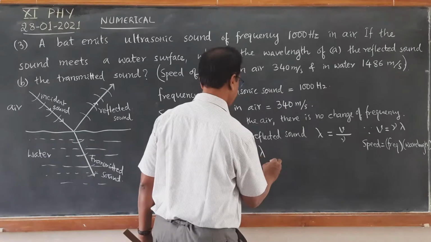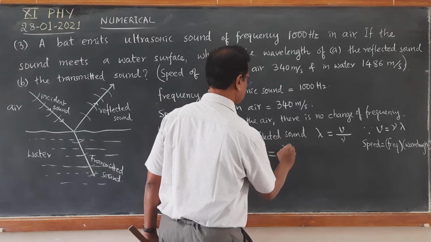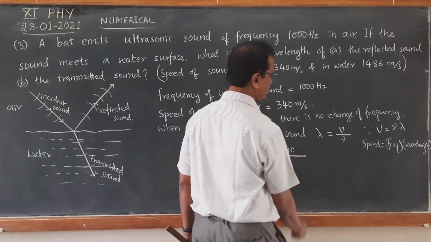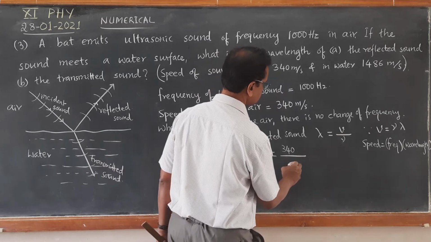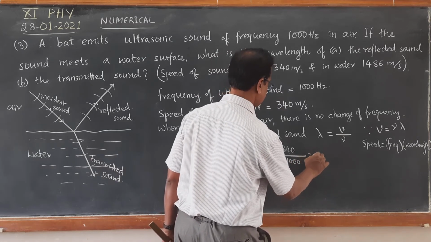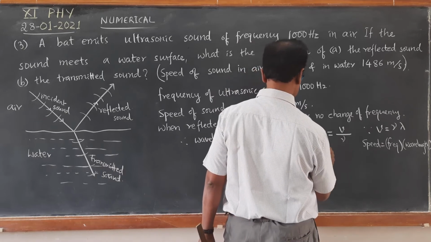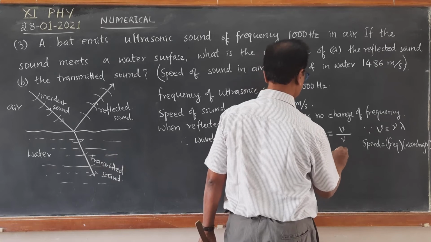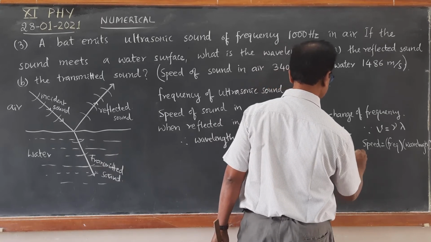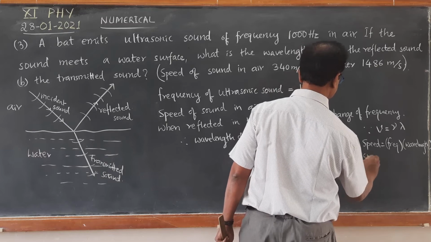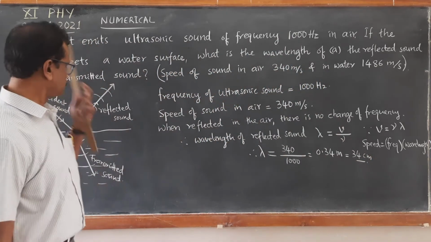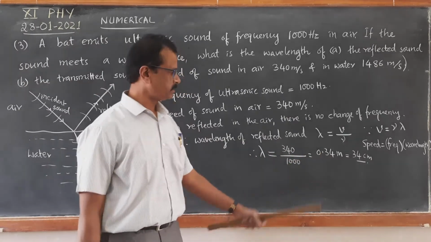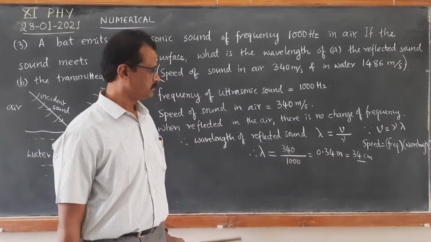Therefore, lambda reflected is equal to 340 divided by nu. Nu is 1000. So it becomes 3.4, 0 cancels, so it becomes 0.34 meter. That is 34 centimeters. So that is the wavelength. Distance between two consecutive crests is 34 centimeter or 0.34 meter.